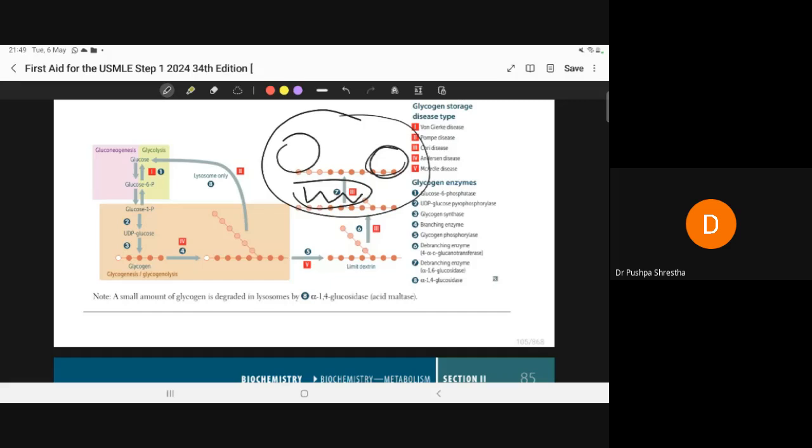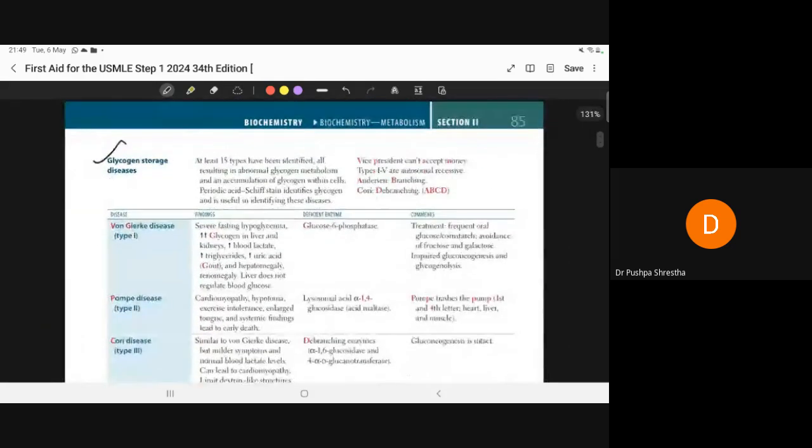Here you have the lysosome, and this lysosome also stores some form of your glycogen, and this glycogen is again metabolized to glucose by another enzyme, and this is your alpha 1,4 glucosidase. This you have to remember. Okay, in your lysosome you have alpha 1,4 glucosidase. This is also known as acid amylase. Okay, so these are the disorders which we will touch on in a second.